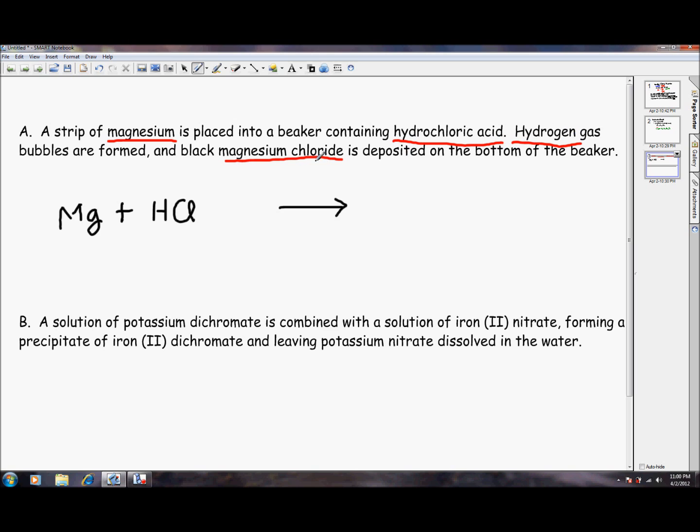Now we have the hydrogen and the magnesium chloride. The hydrogen is being formed, indicating that it's being created during the chemical reaction. So we're going to put hydrogen to the right here. H is for hydrogen. And then magnesium chloride.